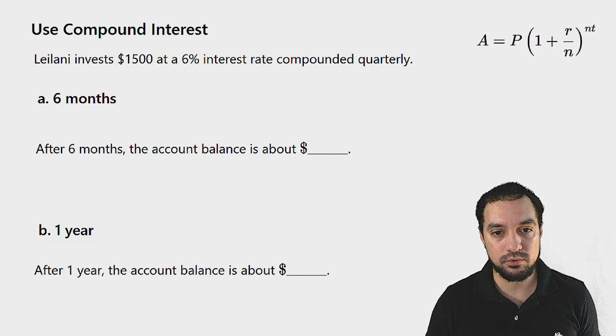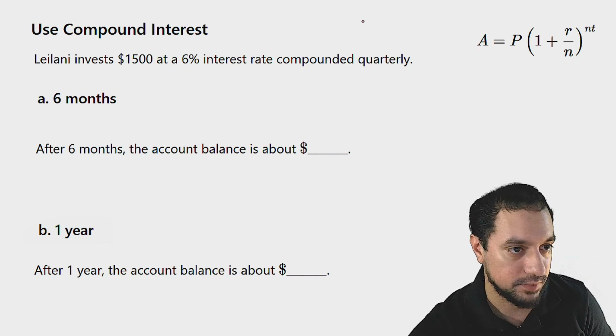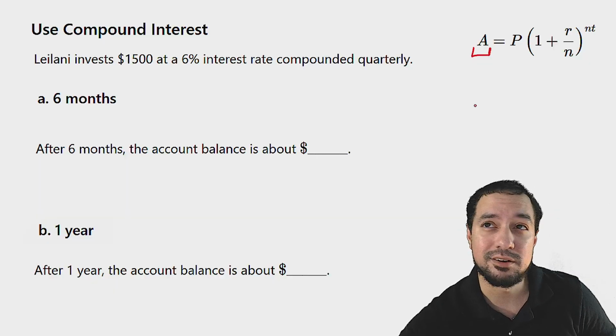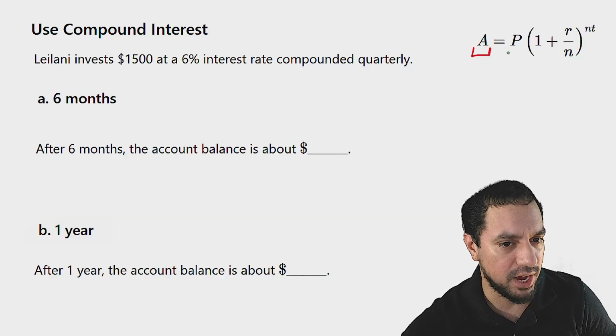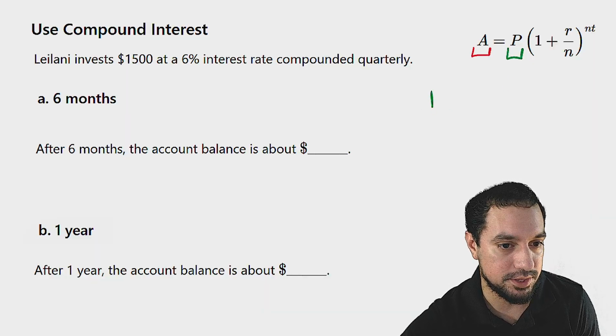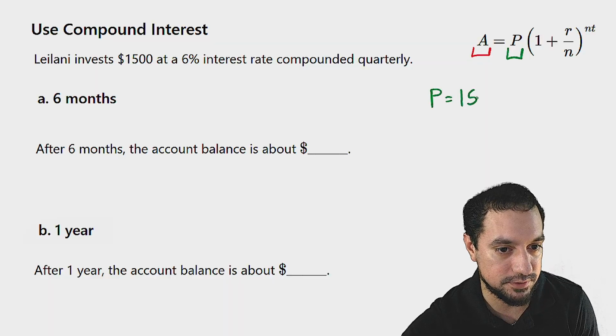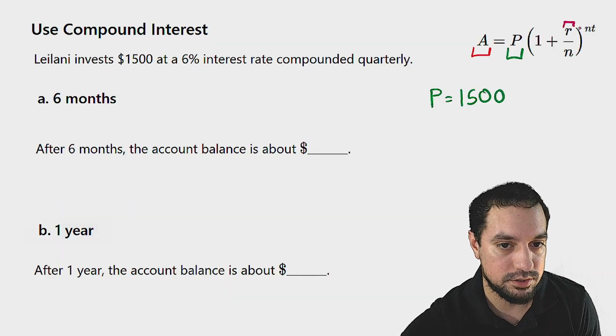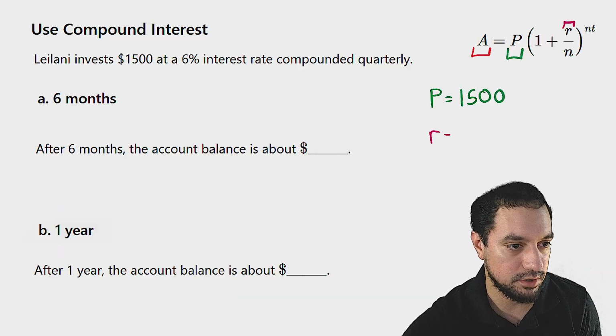Before we start, let's go through the variables in the formula. A stands for the final amount of money that you'll have in your account. P is your initial amount of money. So in this case with Leilani, our principal, our starting amount, is $1,500. R represents our interest rate, which is 6%.